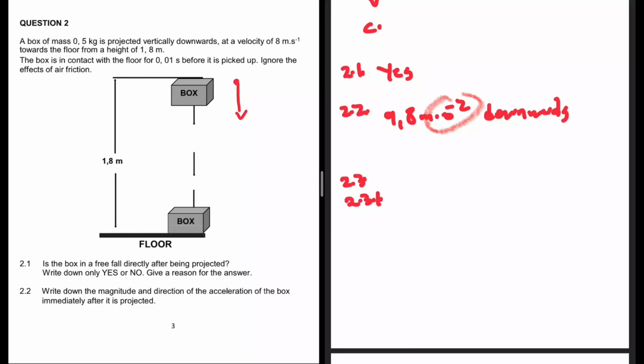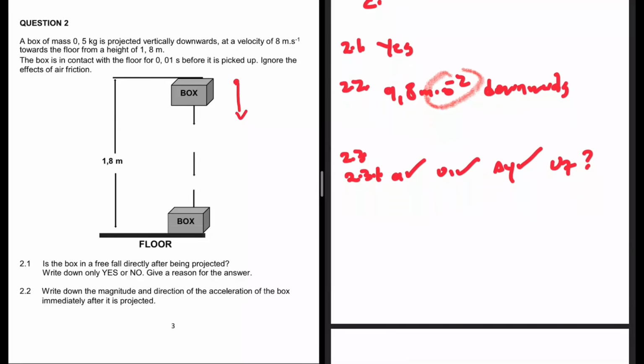So what do we have? We have acceleration, obviously, 9.8 meters per second squared all the time in free fall. We have the initial velocity, it is projected with 8 meters per second, and we have delta y. It's not a building or anything, it's just been projected, but we have delta y, and now we're looking for vf.